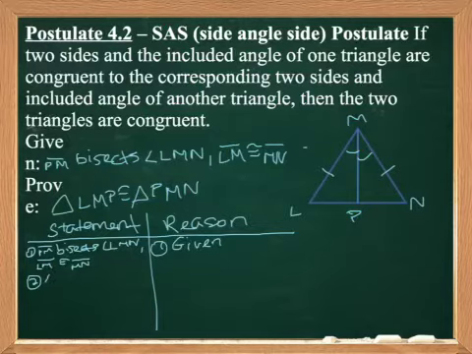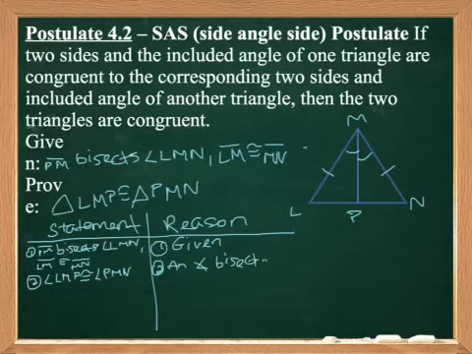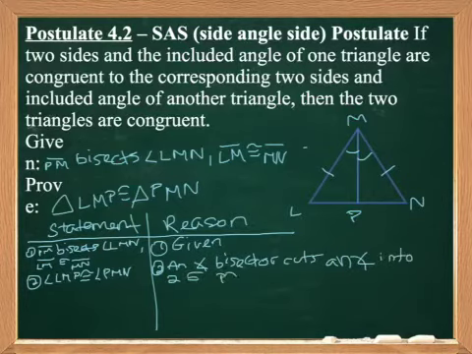So we know that angle LMP is congruent to angle PMN because an angle bisector cuts an angle into two congruent parts. So that now gives us our angle.